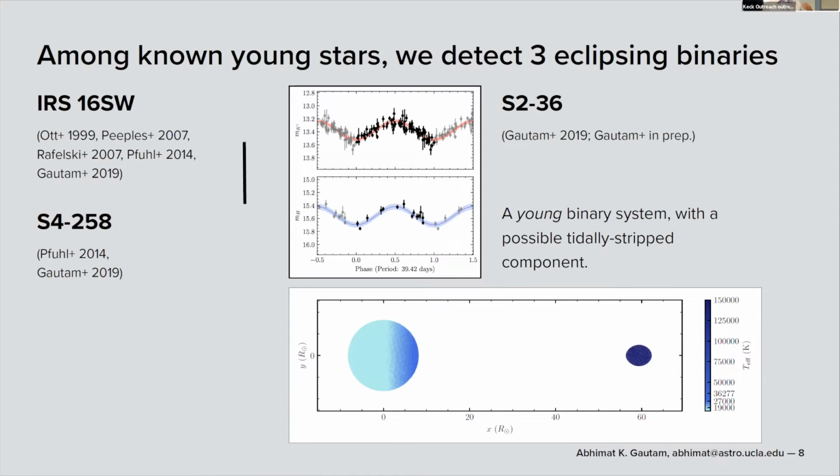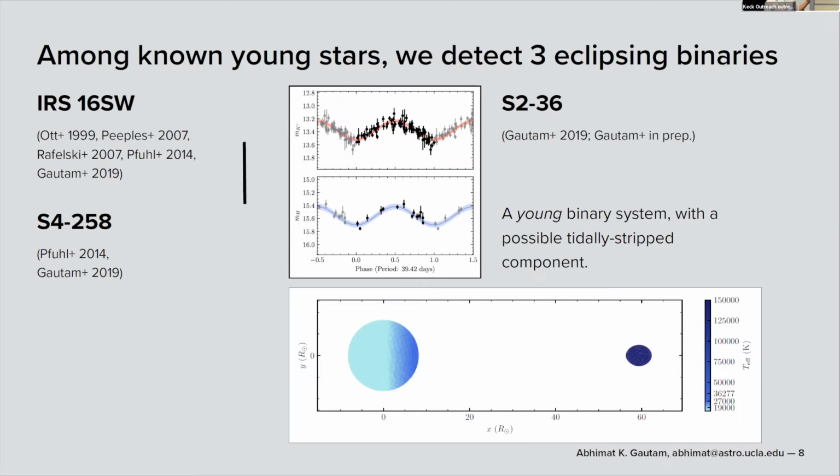There's some work that we're still working on, but there's some evidence that there might be a possibly tidally stripped component in this binary system, where one of the stars has undergone evolution and has maybe lost its outer envelope.